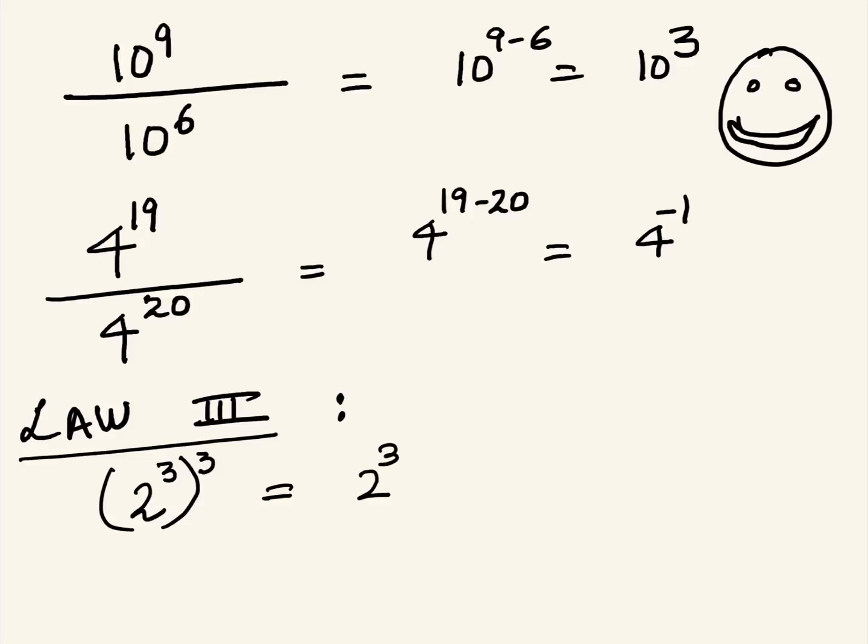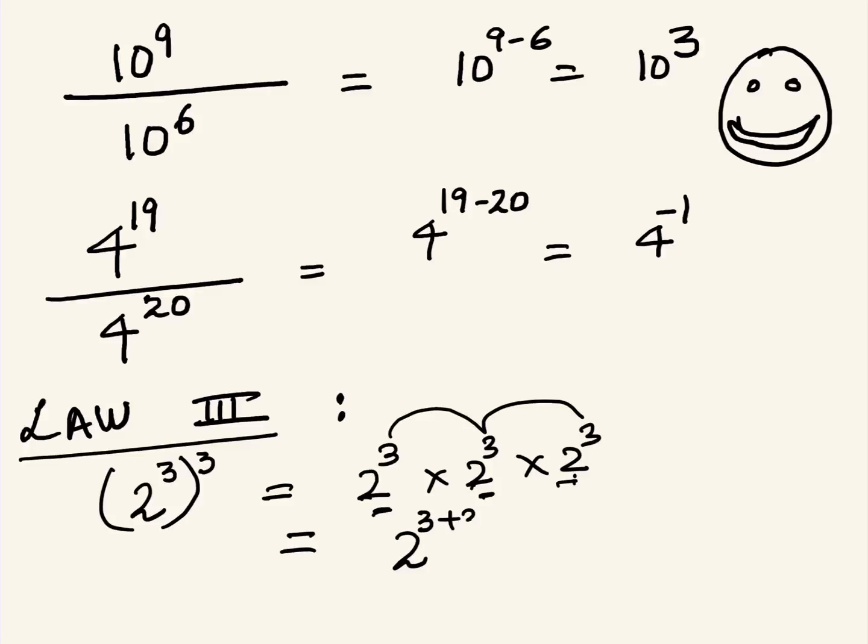It means 2 cube into 2 cube into 2 cube, right? So what will you do? All 3 bases are the same, correct? 2. And then you add up the powers. So 3 plus 3 plus 3 gives you 9. How about 3 times 3? That also gives you 9.